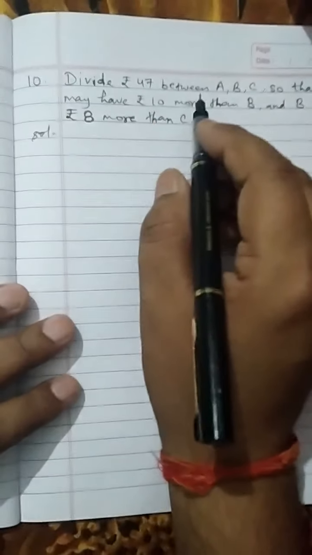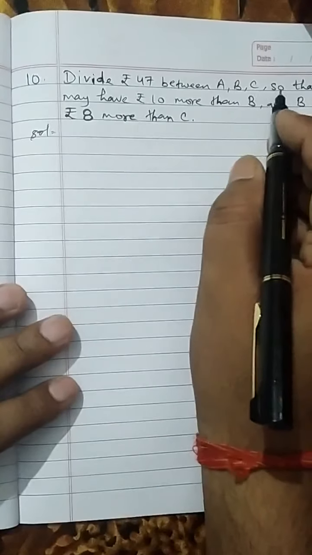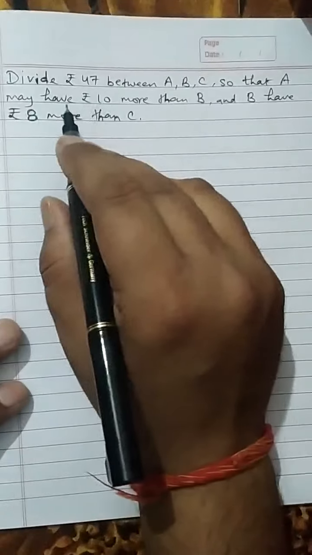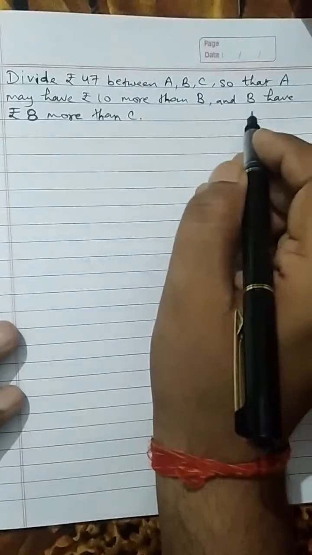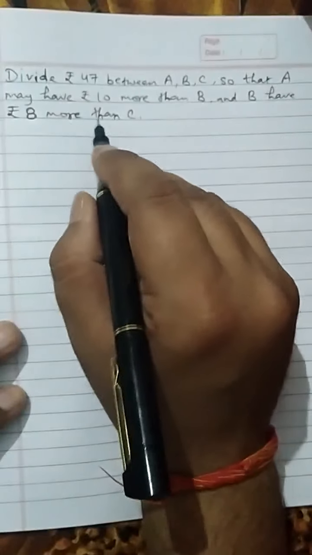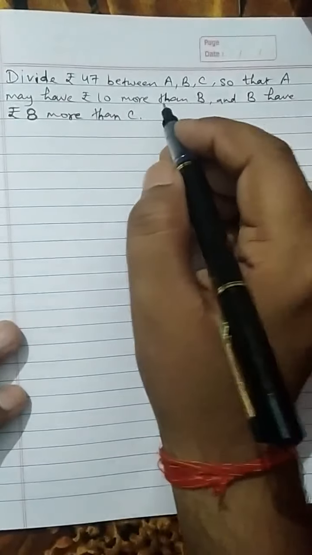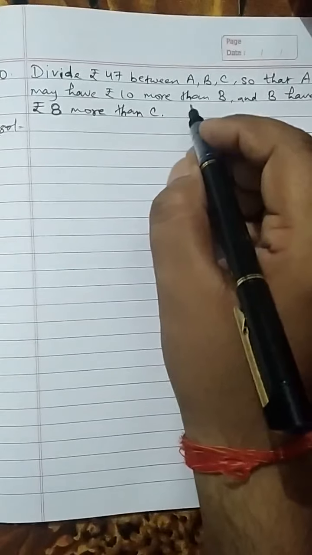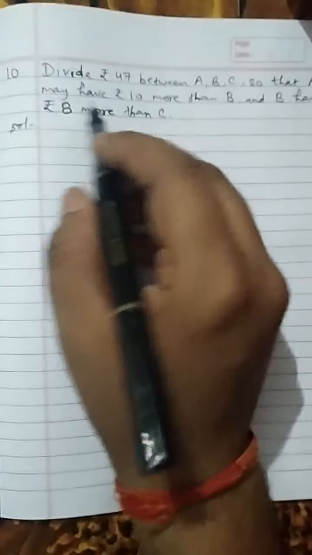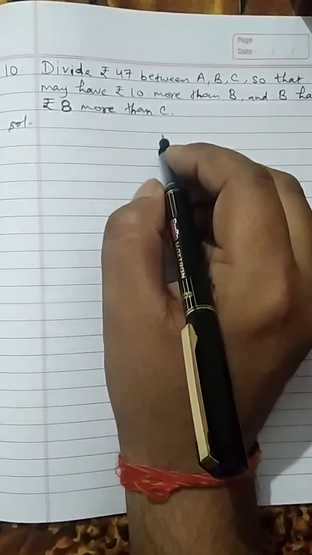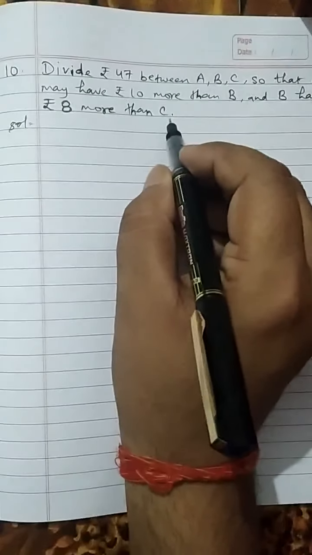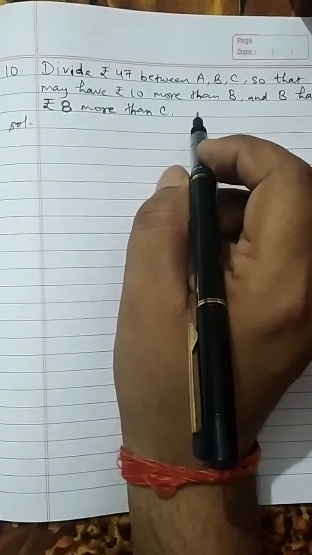Divide rupees 47 between A, B, C so that A may have rupees 10 more than B and B have rupees 8 more than C. On reading this question again and again, you find that C's share is the base. It means that C gets the least amount of all.